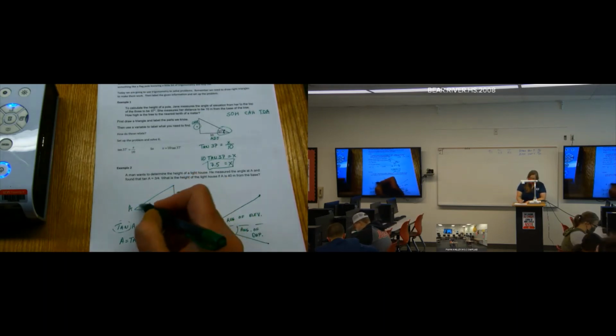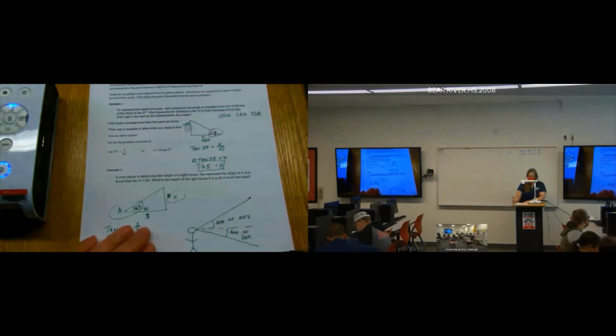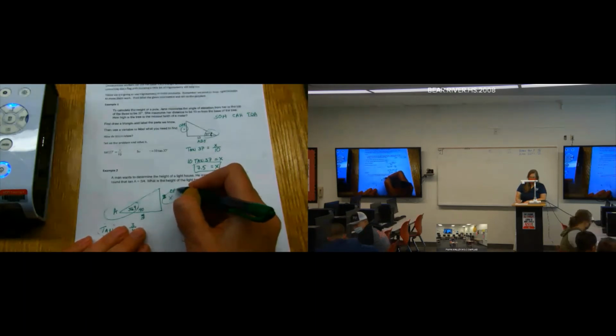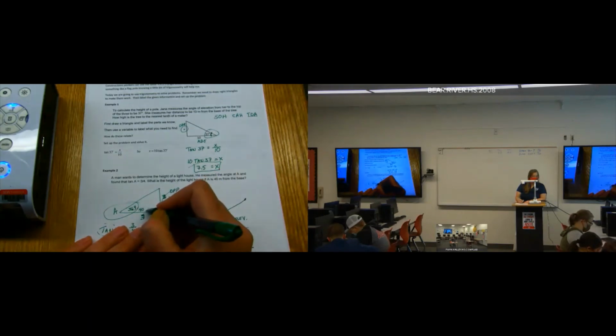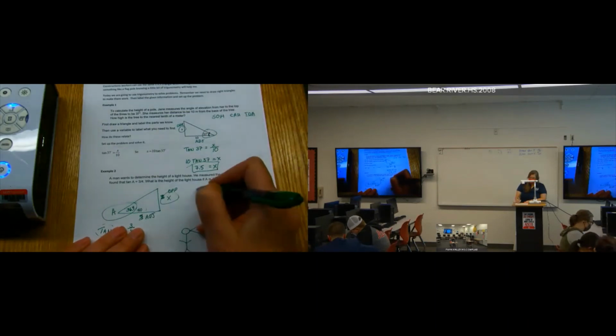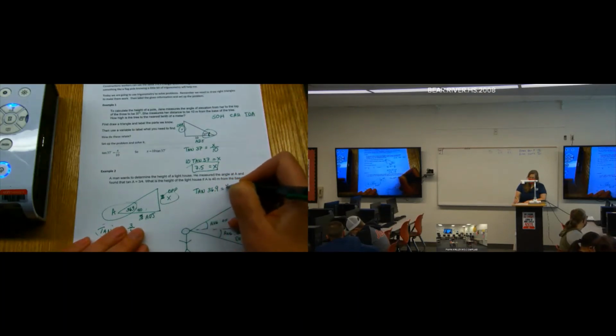Now, if that's 36.9 and that's 40 and I want to solve for that, what do I do? This side is what? Opposite. This side is adjacent. Which one of the three am I going to use? Tangent. What's the angle? Tangent 36.9 equals x over 40.